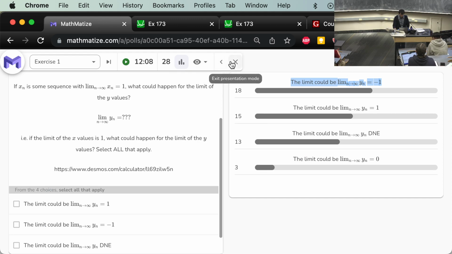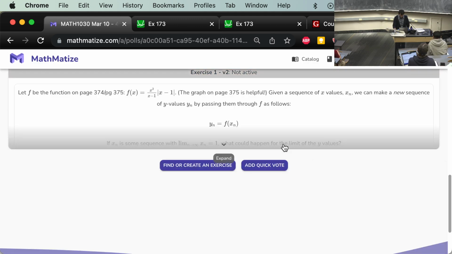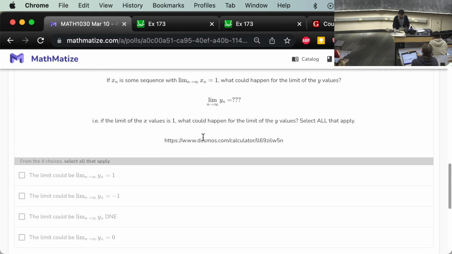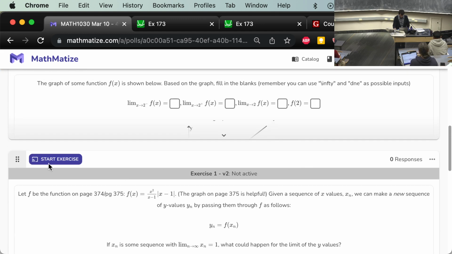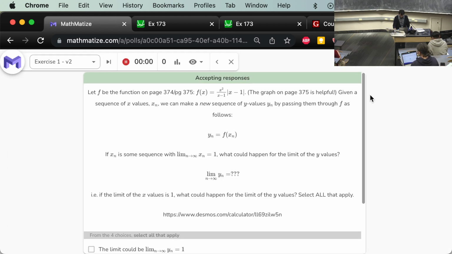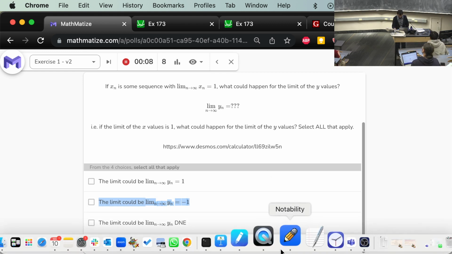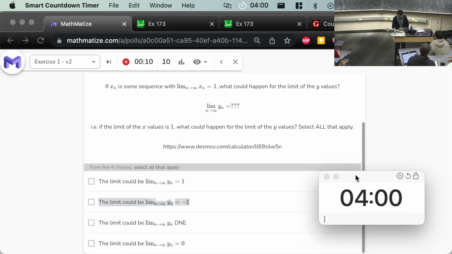So I'm going to repeat this one. I'm going to exit this, repeat it, and you can vote again on this one. We're going to start this one, and then I'm going to present it. Okay, so I'll give you 2 minutes to think about that. We've seen the limit could be -1. Now the question is, could the limit be other things? Yes or no? I'll give you 1 minute to work on that.